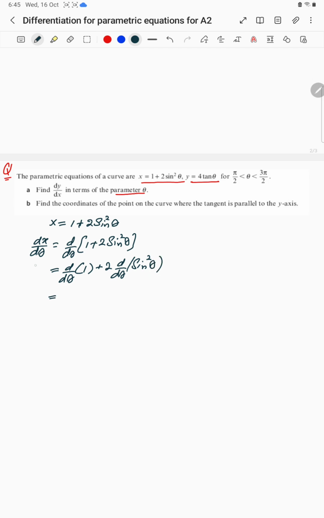You know the derivative of a constant is 0, so it will be 0 here. Here, applying the power rule: first write the power, make it 1 less, and differentiate the function whose power we had.